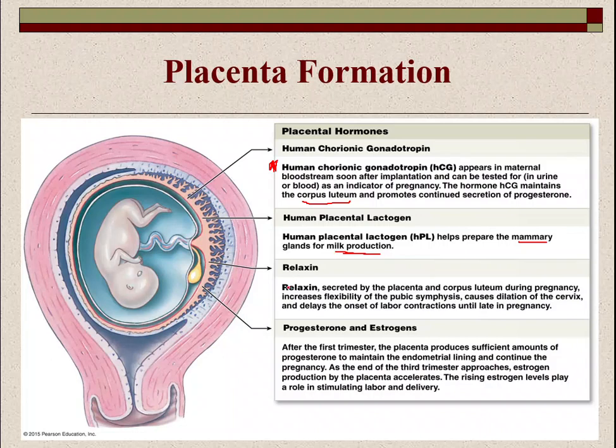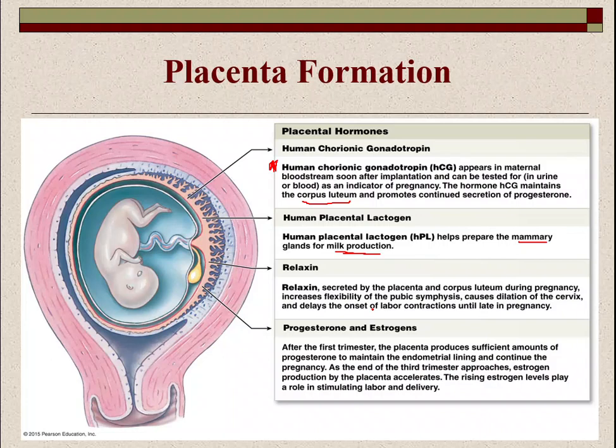Now, another hormone produced by the placenta is relaxin. Now, during pregnancy, this hormone is secreted. It will delay the onset of labor contractions during pregnancy. However, the closer we get to the delivery date, towards the end of pregnancy, it will then promote the rupturing of the membrane surrounding the fetus, and also it will promote the dilation of the cervix, okay, and also cause the softening of the pubic symphysis.